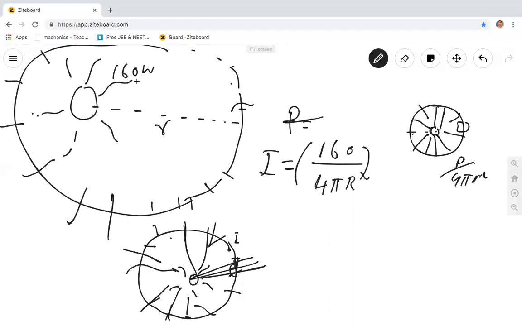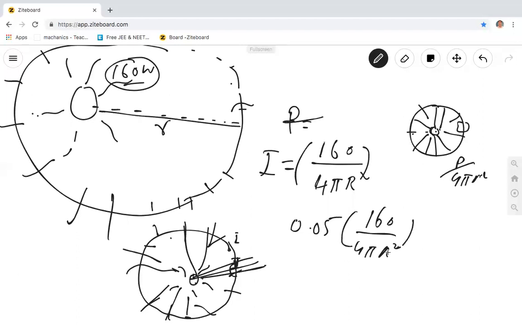But now he says only 5% of this power reaches here. Only 5% of this power converts into light. So it is 5%, 0.05 of 160 over 4 pi r squared, where small r is this distance, is equal to 0.53 kilowatt, that is 0.53 into 10 raised to power 3.